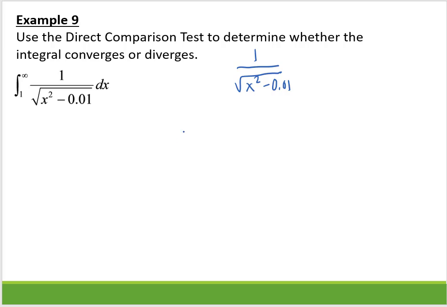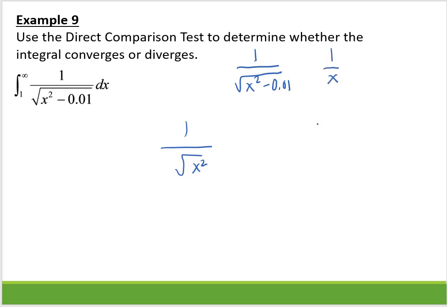As we go to infinity, minus 0.00011 doesn't matter. So I take away anything that I'm adding or subtracting. And then I also try to simplify the square root of x squared, and that simplifies to 1 over x.